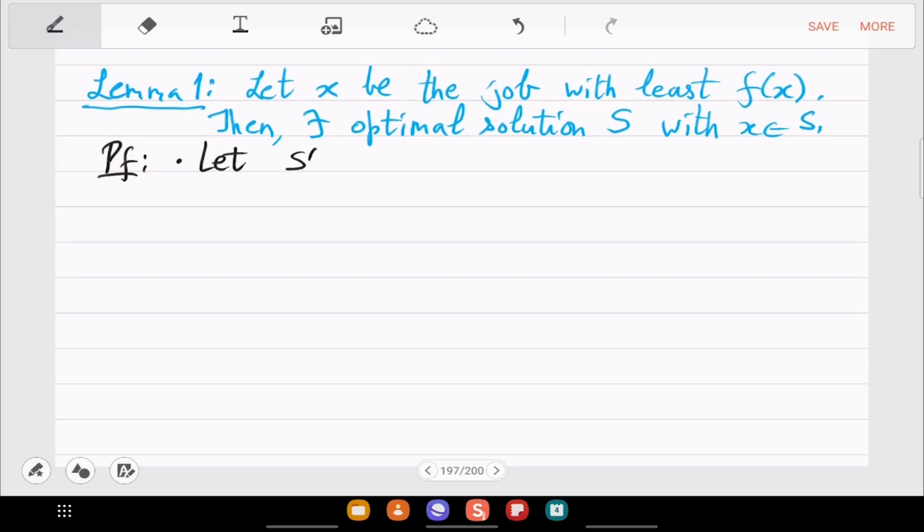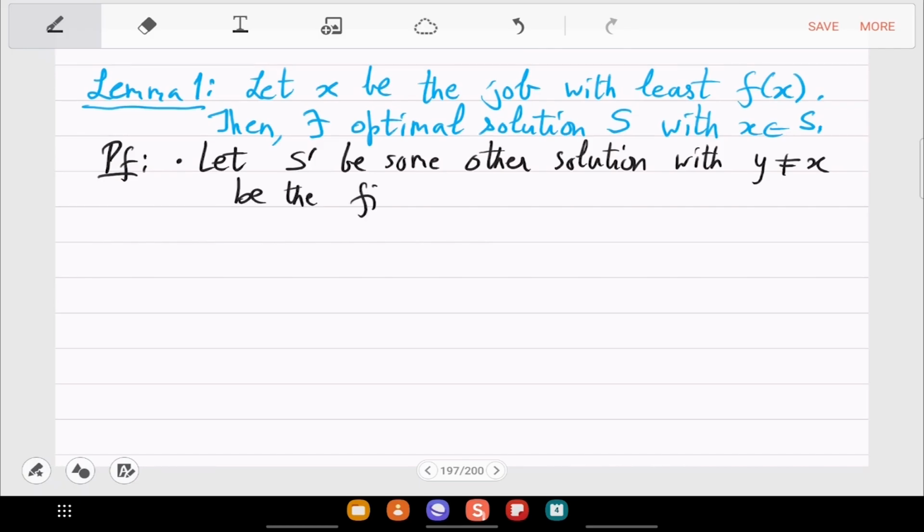We'll pick S prime to be some other optimal solution, with Y being the least one. Okay, and then we will show how to transform S prime to S without losing anything.